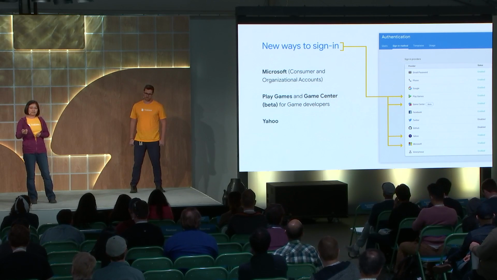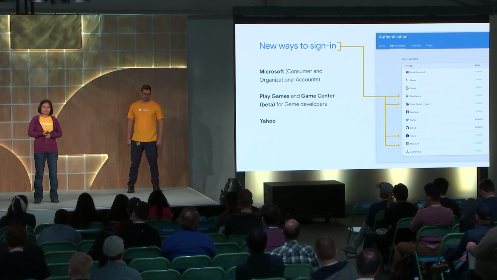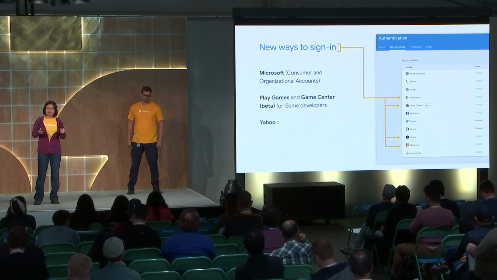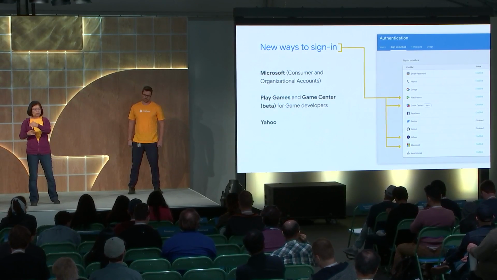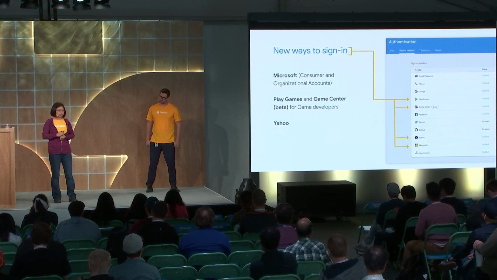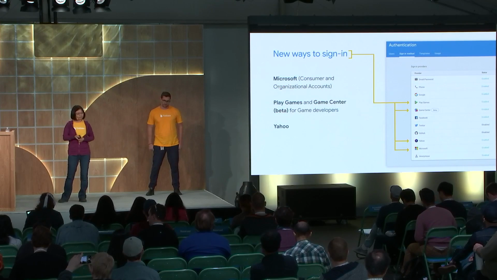And for the gaming community, we added Play Games and Game Center. Because the user is usually signed in on their device, this means that you can get the user's account information with no friction to the user. And last, we added Yahoo as well.